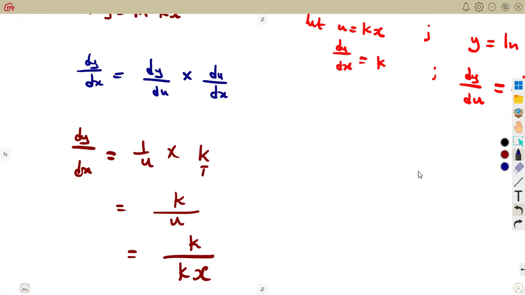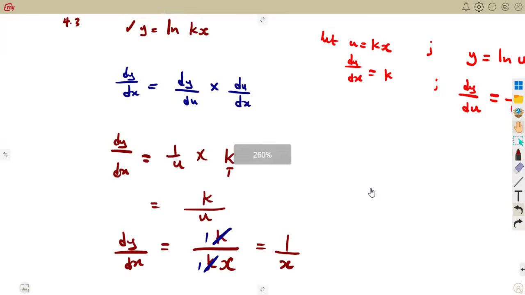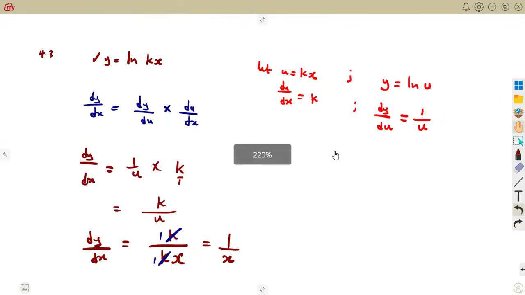As we can see, we have a certain miracle happening here where the k and the k are the same, so they can cancel. So we are going to have our answer as 1 over x. That is the derivative of y with respect to x. Our answer carries x, since it was y with respect to x, so let our answer have x also.